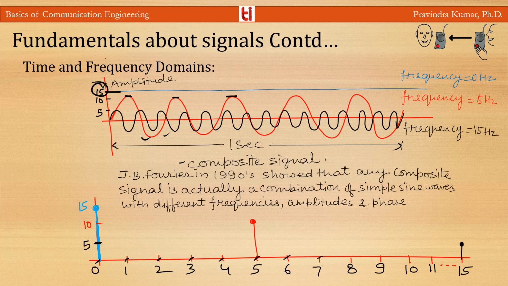If the composite signal is non-periodic, then the decomposition gives a combination of sine waves with continuous frequencies. The bandwidth of a composite signal is the difference between the highest and lowest frequency components contained in that signal.